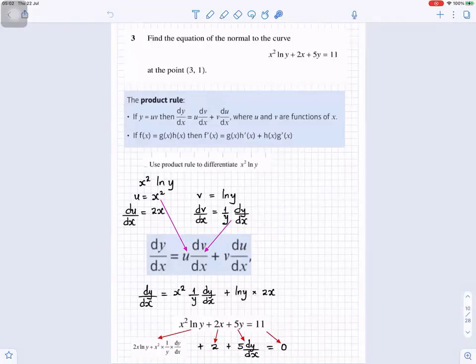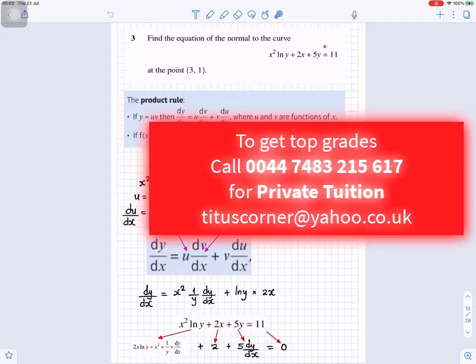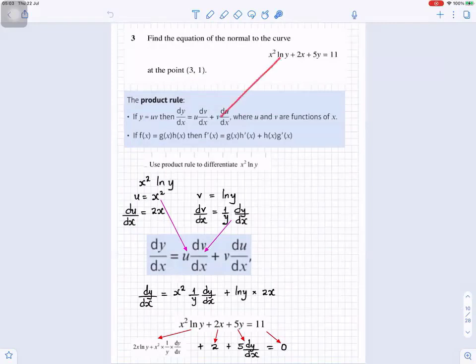Find the equation of the normal to the curve x squared ln y plus 2x plus 5y is equal to 11 at the point (3, 1). So we're going to differentiate using the product rule, to differentiate x squared ln y.